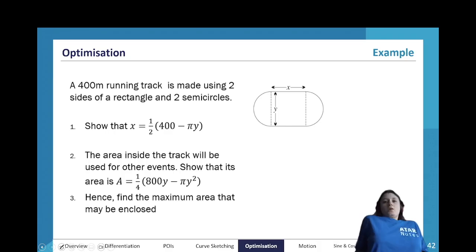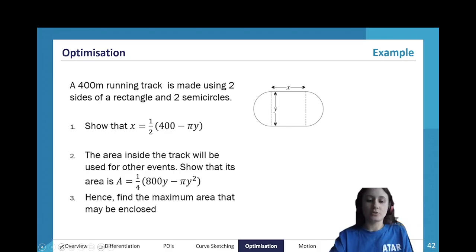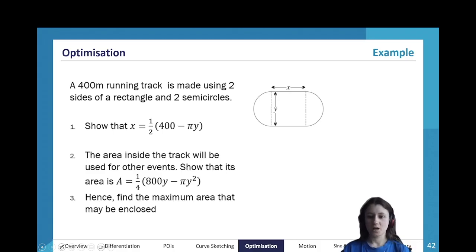So make sure that you are keeping up with these, because in a lot of questions that you'll come across, they might be a little bit harder. So here we have a 400-meter running track, which is made using two sides of a rectangle and two semicircles. So we need to show that x is equal to half multiplied by 400 take pi y.